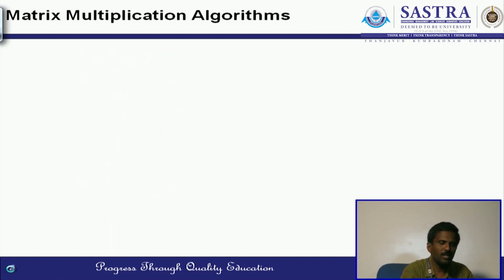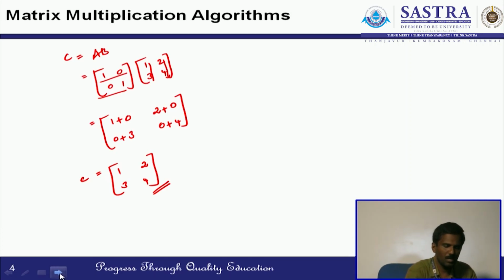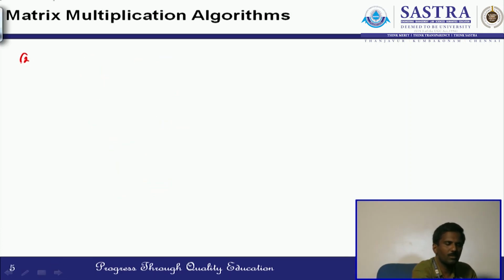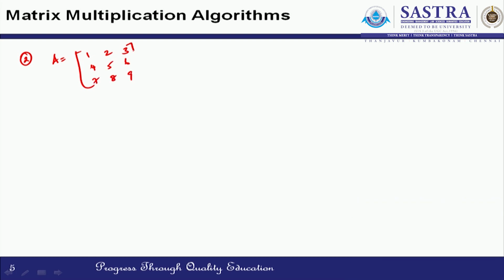Suppose A is a 3 by 3 matrix, say 1, 2, 3, 4, 5, 6, 7, 8, 9.